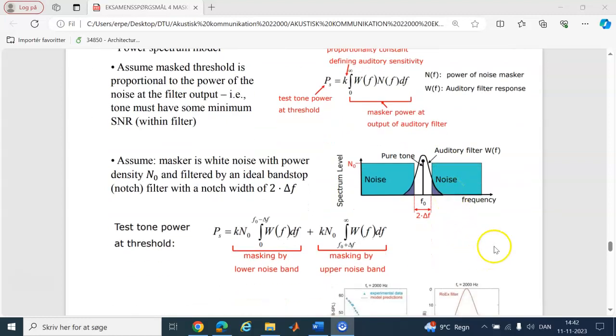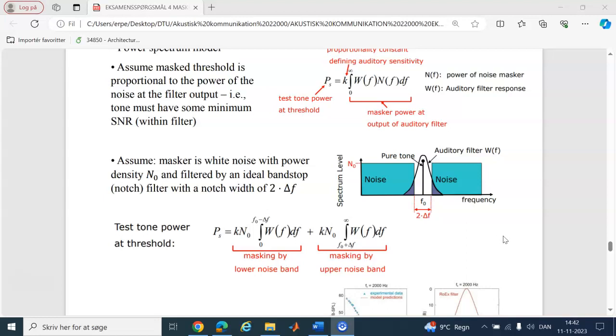So we assume that the masker is white noise with constant power density N0, filtered by an ideal bandstop notch filter with a notch width of 2 times delta f.